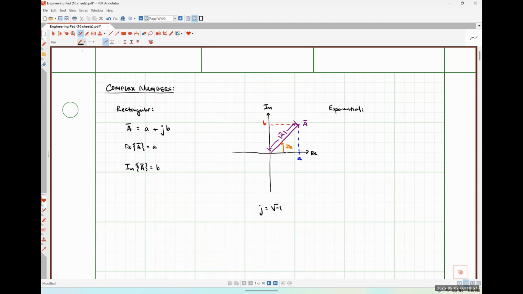So in exponential form, my complex number A would look like the magnitude of A, e to the j theta A.